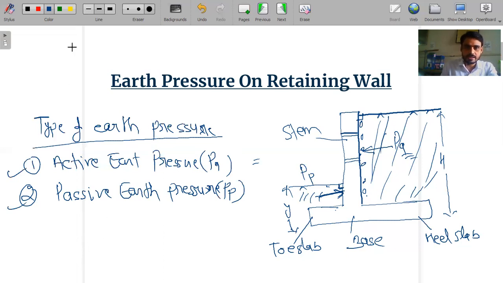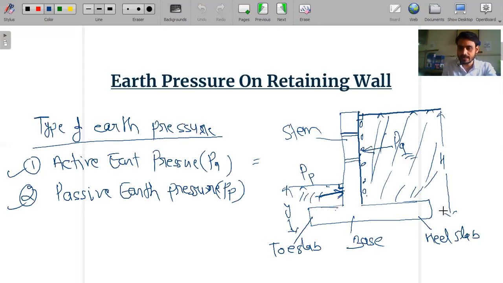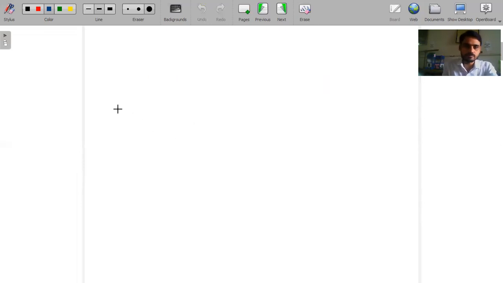So we can find the value of this pressure with the help of Rankine theory, and the Rankine theory says if the height of soil is h, then the pressure by that particular soil on the stem will be, for active earth pressure, equal to Ka gamma h.